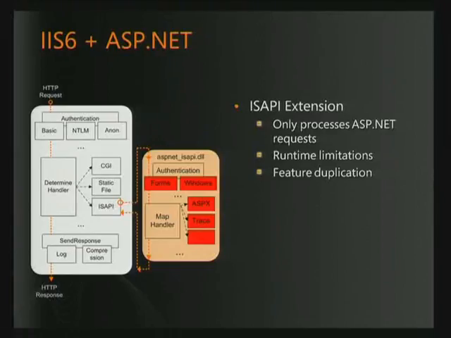The other thing, there was a lot of infrastructure duplication. They had their cache, we have our cache. They have their own concepts for extensibility, handlers, modules, all that stuff. We had our ISAPIs and all that functionality. The other thing is ASP.NET could only process ASP.NET specific requests.